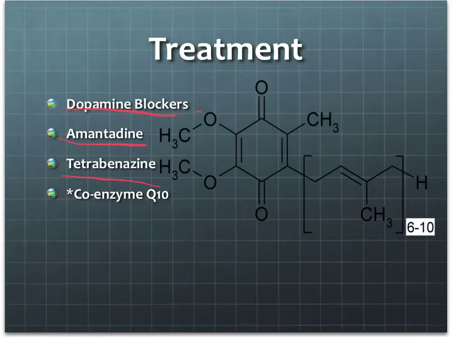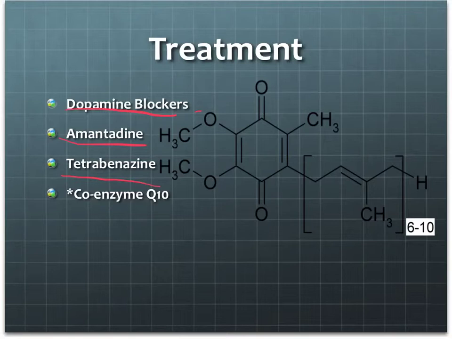And additionally, there's some unproven treatment using the coenzyme Q10. So this is currently being experimented with and is believed to reduce the oxidative damage in brain cells for HD patients. This slows the development of Huntington's disease over the long term.